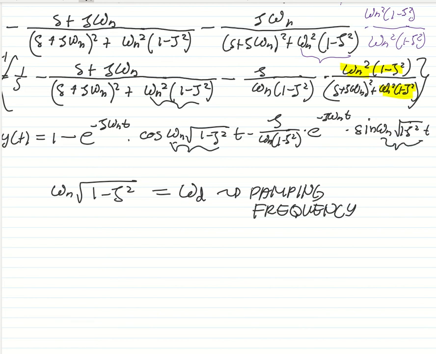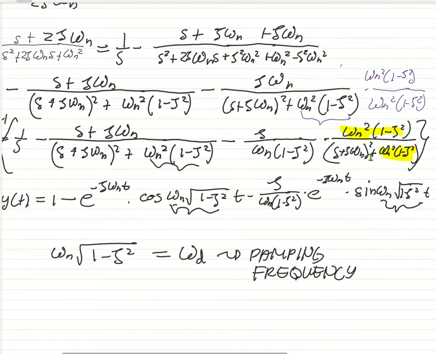Oh, wait. I have a correction here. The formula for the sine should just be omega over s squared plus omega squared.